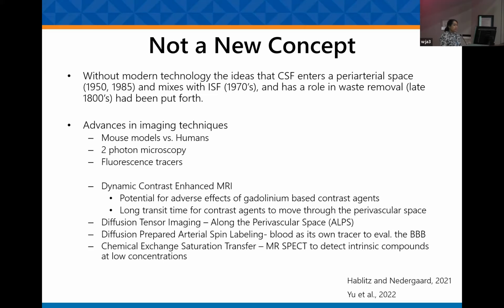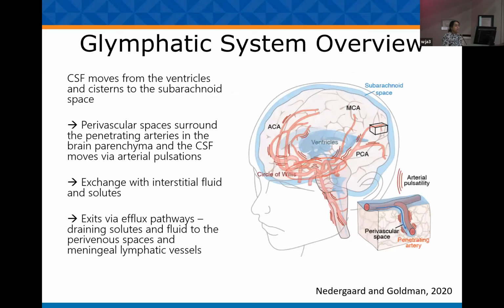Sometimes they can be a little problematic because they can have adverse effects, and it also takes a long transit time for contrast agents to move through the perivascular space. But other newer technologies include diffusion tensor imaging along the perivascular space, diffusion-prepared arterial spin labeling, which uses blood as its own tracer to evaluate the blood-brain barrier, and chemical exchange saturation transfer, which uses MR spectroscopy to detect intrinsic compounds at low concentrations.